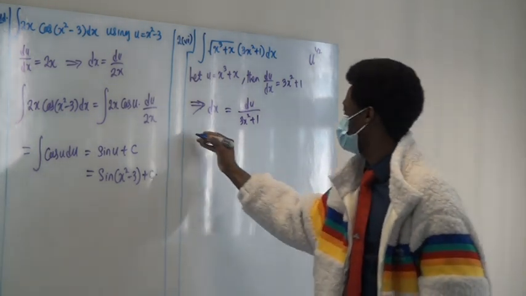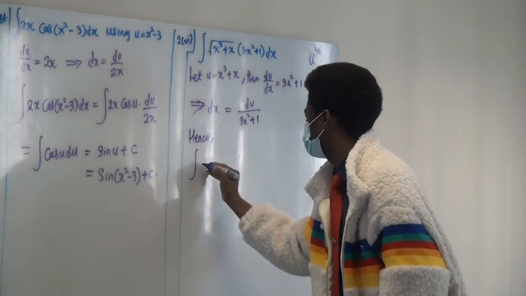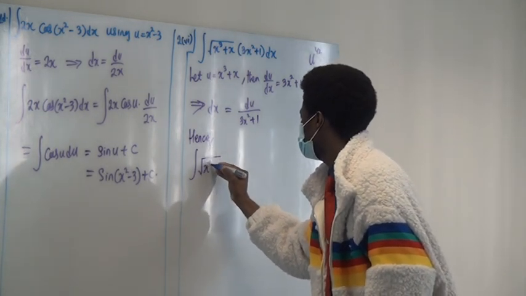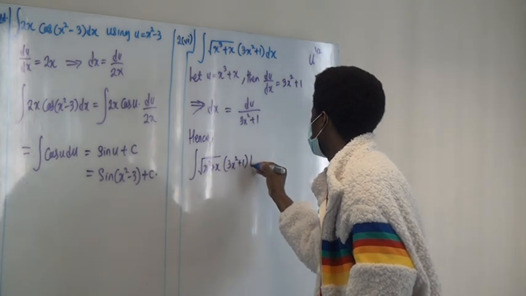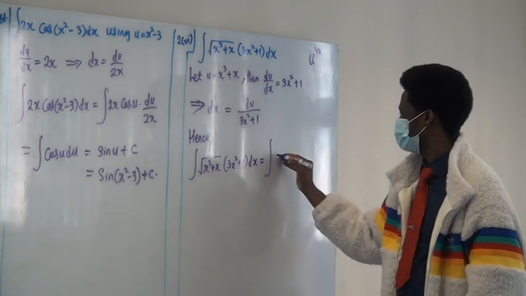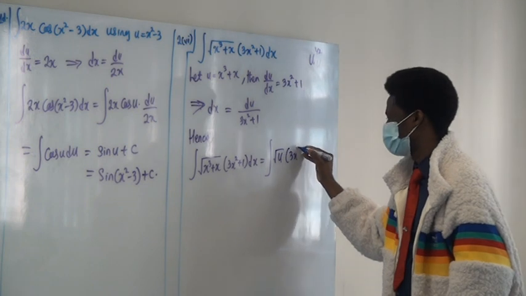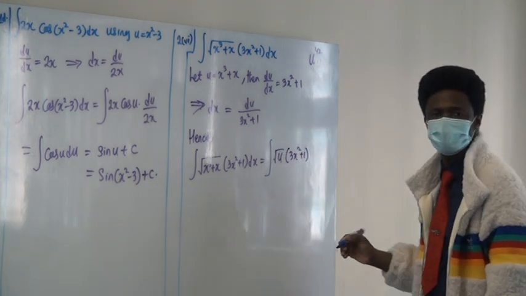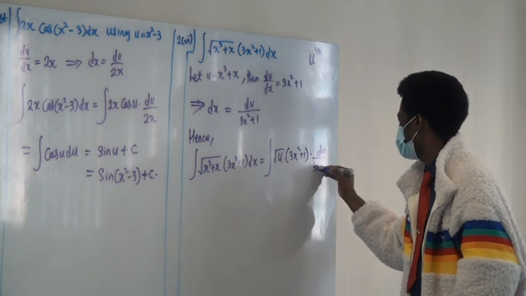Yes. As a result of this, the original problem is transformed into what? Integral, yes? Square root of u. This is still 3x squared plus 1, and now this is the du over 3x squared plus 1.